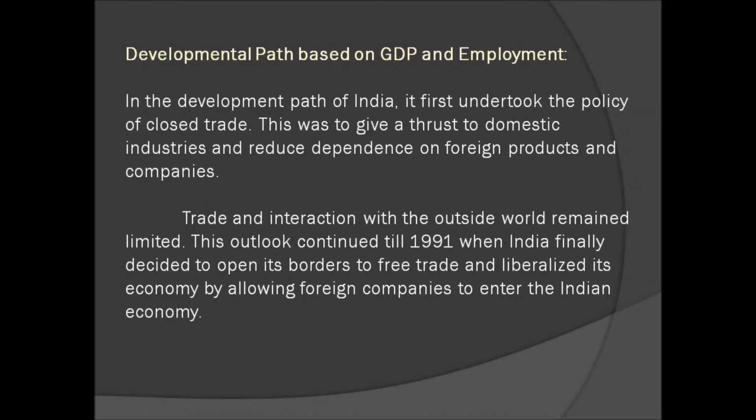Developmental path based on GDP and employment. During the British period, even though there were some positive benefits, the British on the whole had destroyed most of our resources. After independence, India first undertook the closed trade policy.